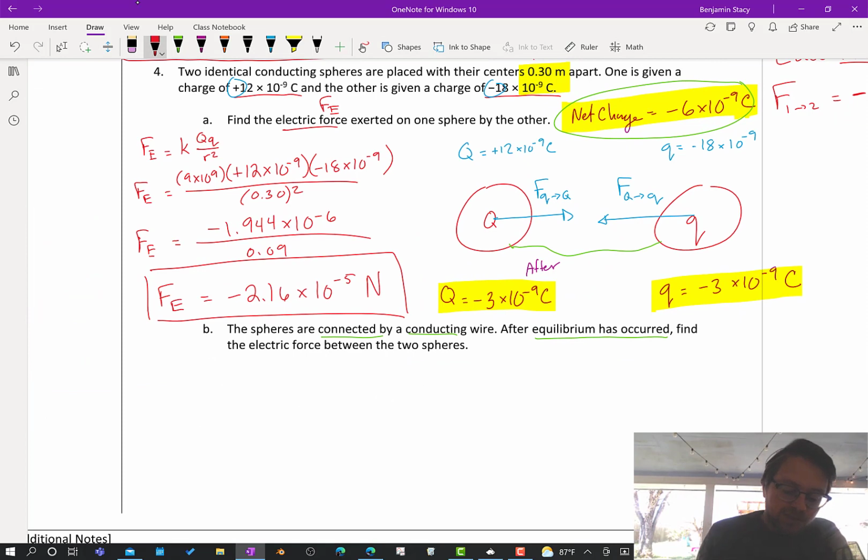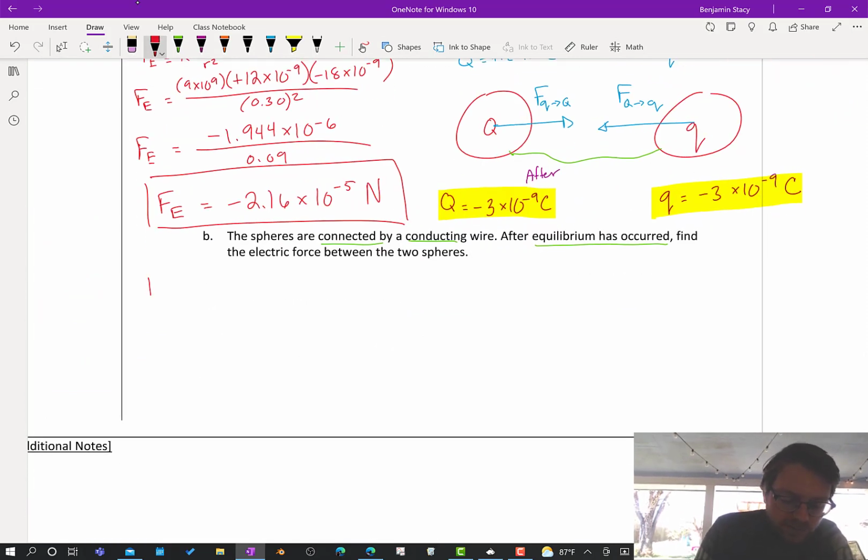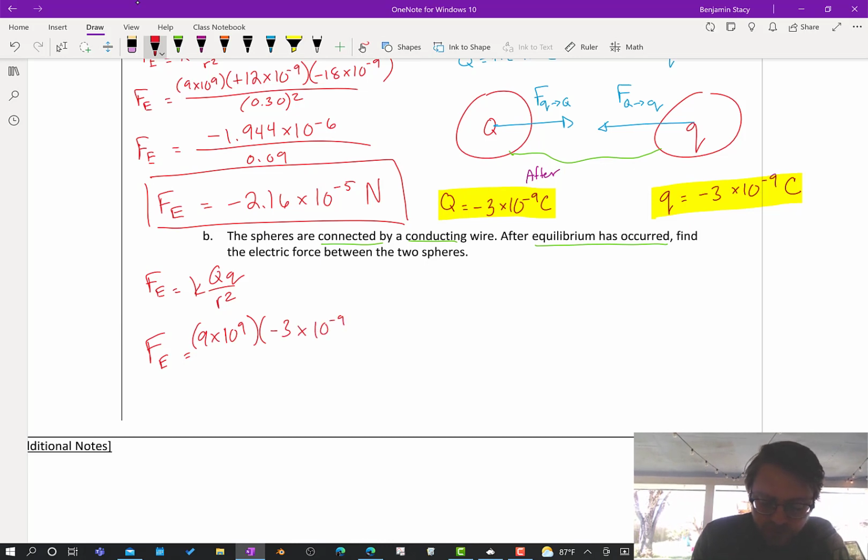Okay, the rest of this is just saying what's the new force between the spheres. It's our same process of using Coulomb's law: k, big Q, little q over r squared. I would say go ahead, pause now, and put it in your calculator the way you want, times 10 to the 9, and then you can check with my work after.